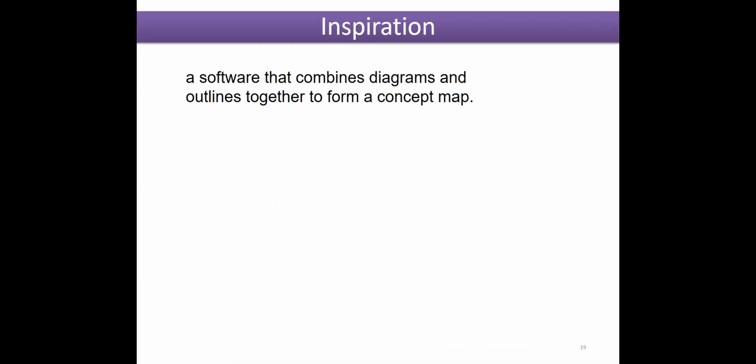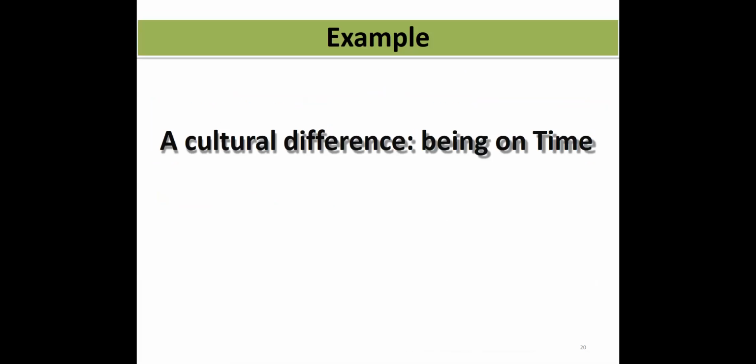This is a very popular software that can combine diagrams and outlines together to form a concept map. Let's take an example to see how it works. The example here is cultural differences in being on time.